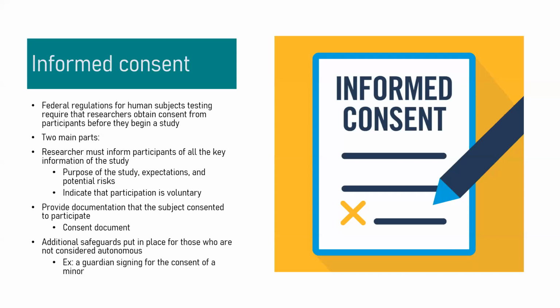This can include tests to determine mental competency, and requiring consent from a legal guardian or caretaker. A lot of the time you'll see on a consent form that if you're over the age of 18, you can consent to this. If you're under the age of 18, we need a parent or guardian signature. And so that's all that means.